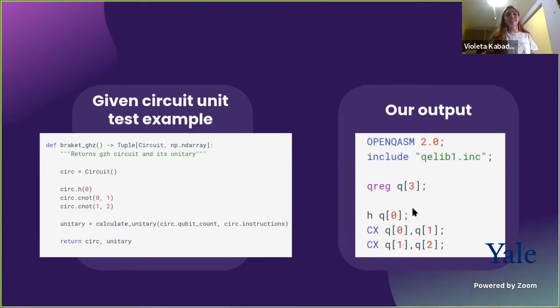As Stoka mentioned earlier, we actually define the version of our OpenChasm. We include the needed libraries. We say how much quantum register we will need, and then we apply each gate individually to the specific qubits. And this is actually the intermediate representation that should go further to the compiler.